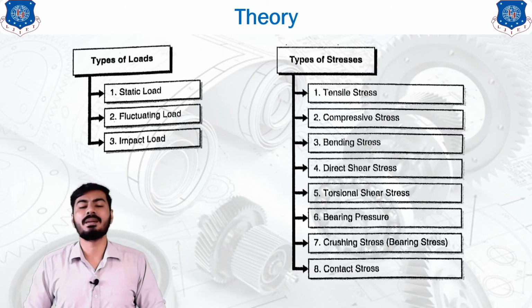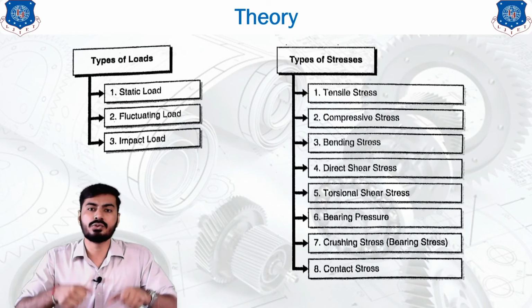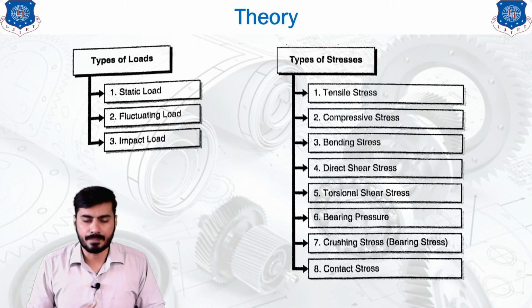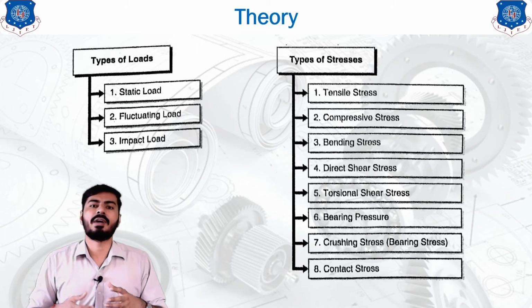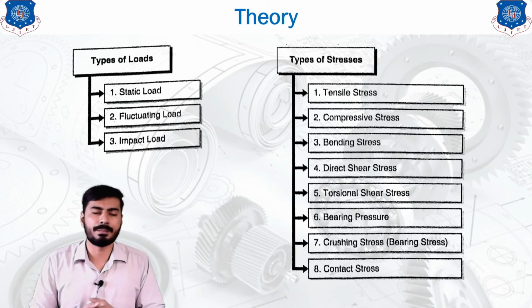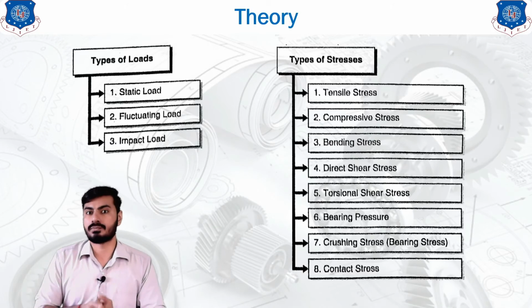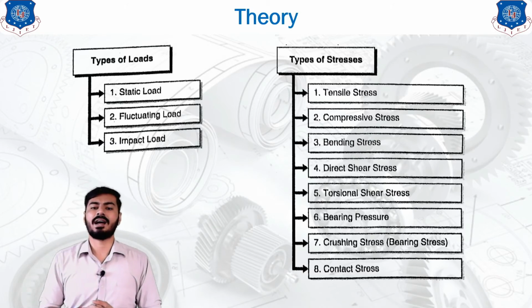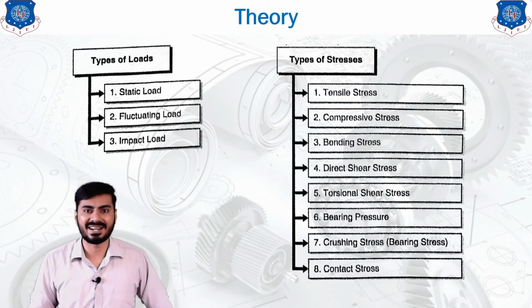Now the third one is the bending stress, which can be caused by bending of the member, or bending due to the application of a bending moment or a shear force. Okay, so these are the different causes of bending stress.